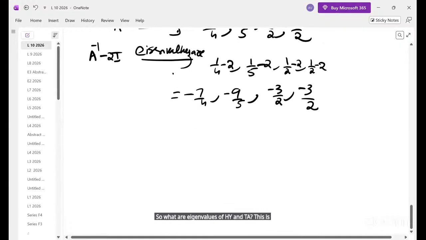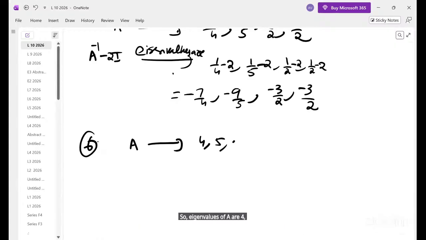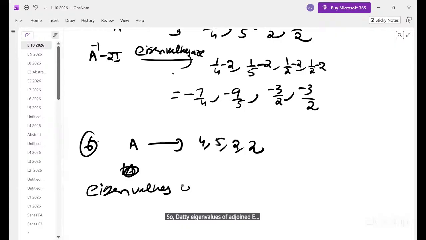This is number 6. So eigenvalues of A are 4, 5, 2, 2. Eigenvalues of adjoint A are determinant A by lambda.